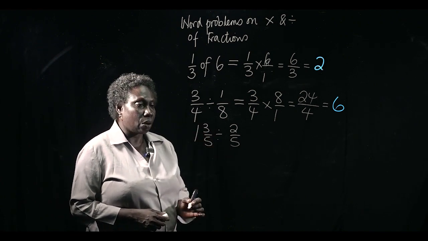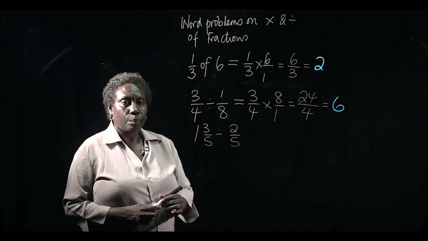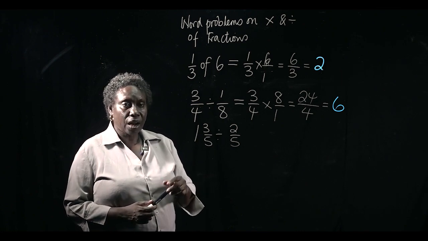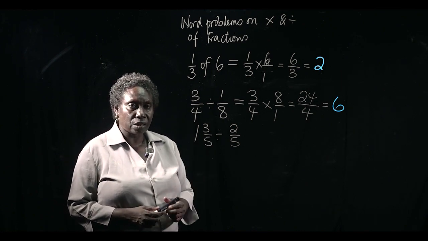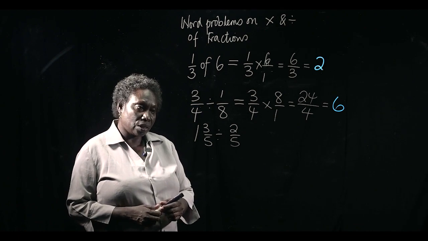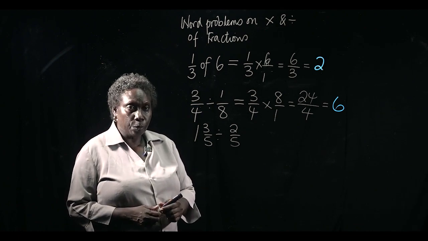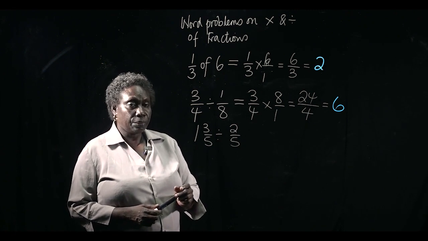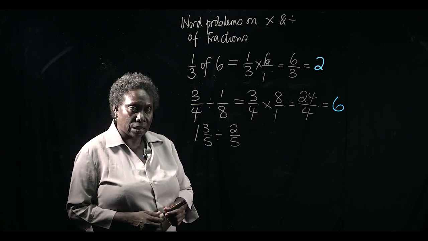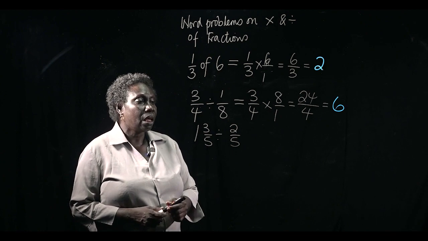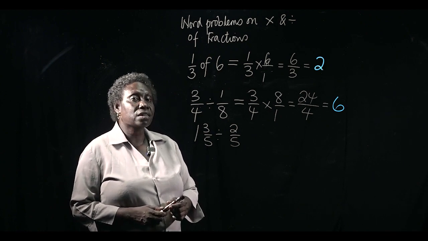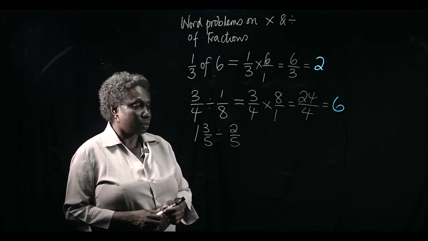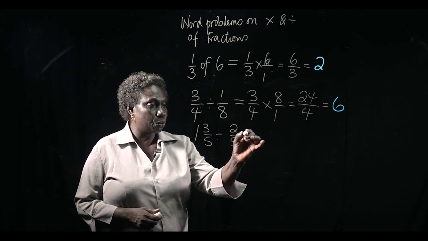Now, when we are dividing fractions with mixed numbers, what we do is we change the mixed number to an improper fraction and we change the division sign to a multiplication sign and we multiply by the reciprocal of the divisor. So that's basically what we are going to do.